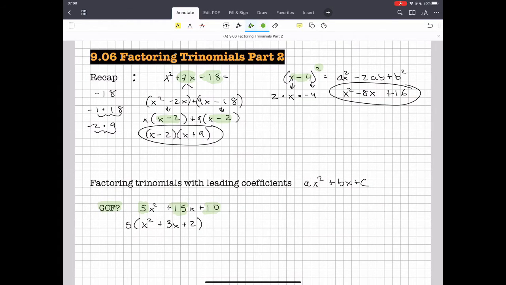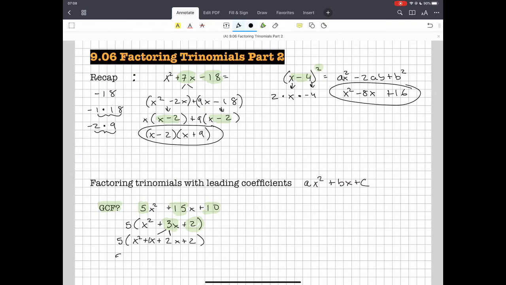What are the factors of positive 2 whose sum is positive 3x? Well, that would be 1 times 2. So we can break this down. There's my 1x. There's the 2x, so I broke the 3x down into 1x plus 2x.